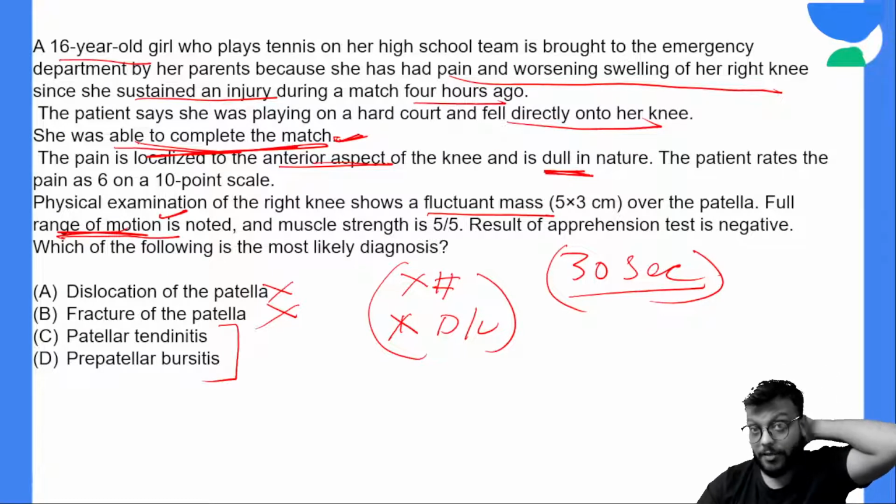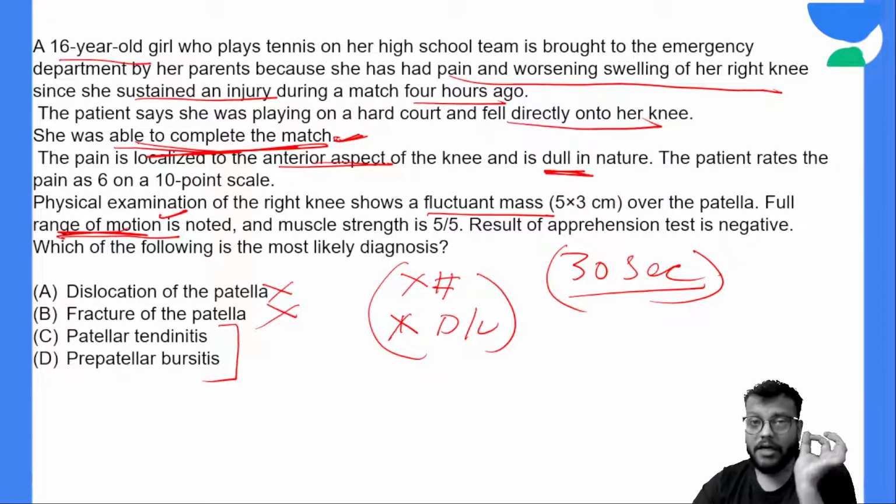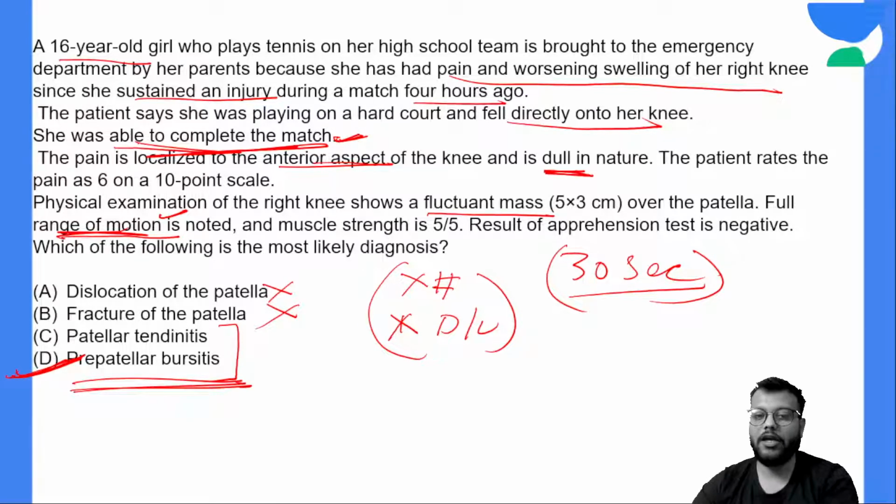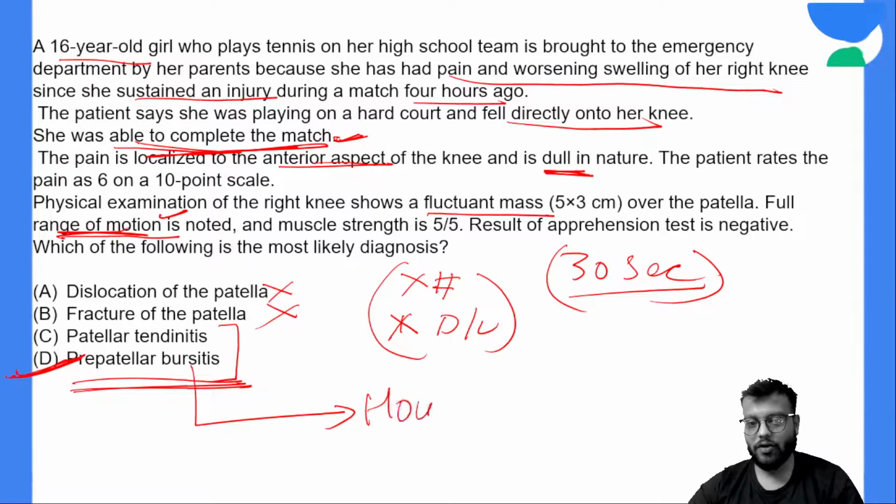So on the anterior aspect, prepatellar bursitis, plus tendinitis and etc. are generally the chronic cases where there is progressive pain etc. Okay, so here the clinical scenario and history all favor the diagnosis of prepatellar bursitis, and prepatellar bursitis has a special name because it is very common in a group of population, that is your maids. So it is also called your housemaid's knee.